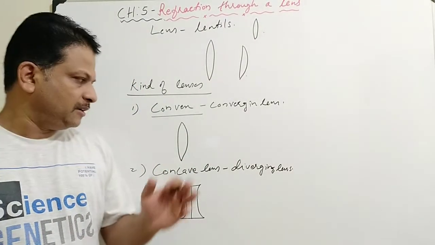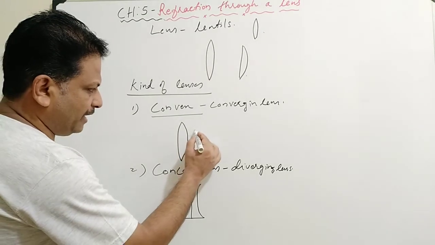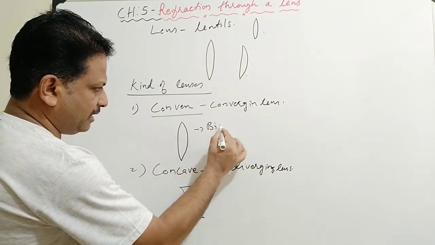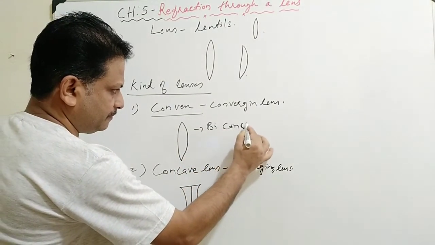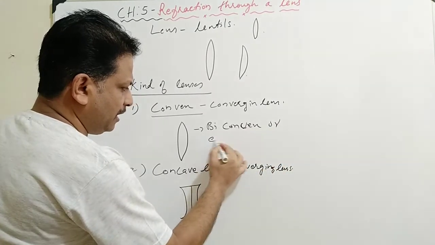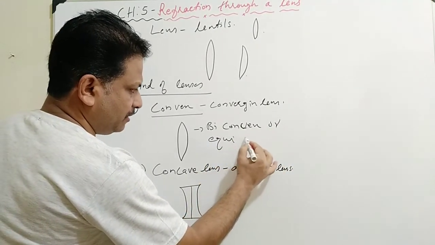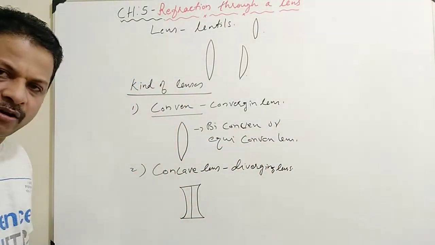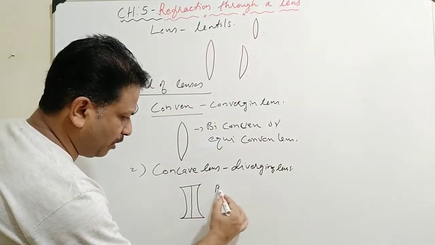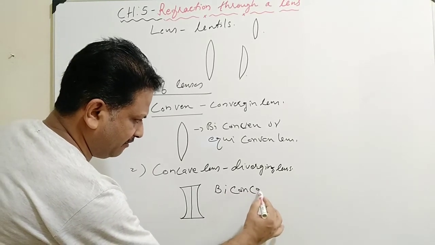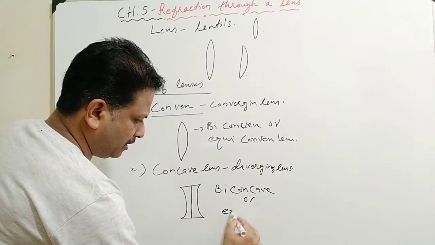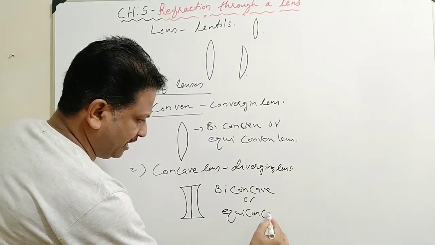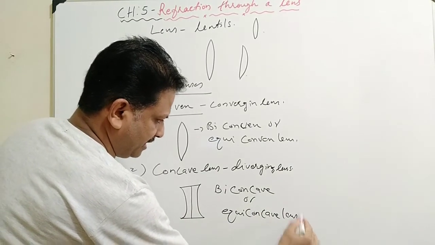Clear? So the convex lens is also known as biconvex lens or equiconvex lens. Simply we call it a convex lens. The concave lens is also known as biconcave or equiconcave lens.